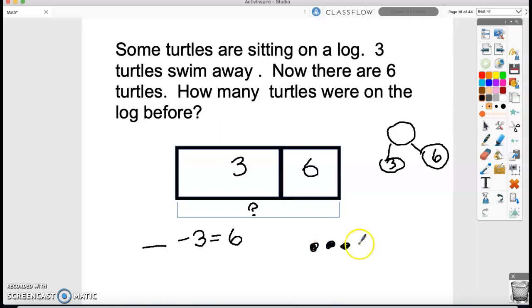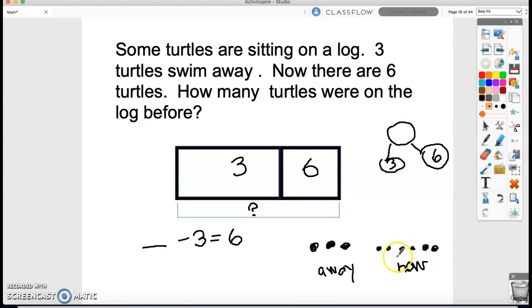And I know that there are 6 turtles now. So these are the ones that are away. They swim away. And these are the turtles that are on the log now. So I have 6 of those. 1, 2, 3, 4, 5, 6.